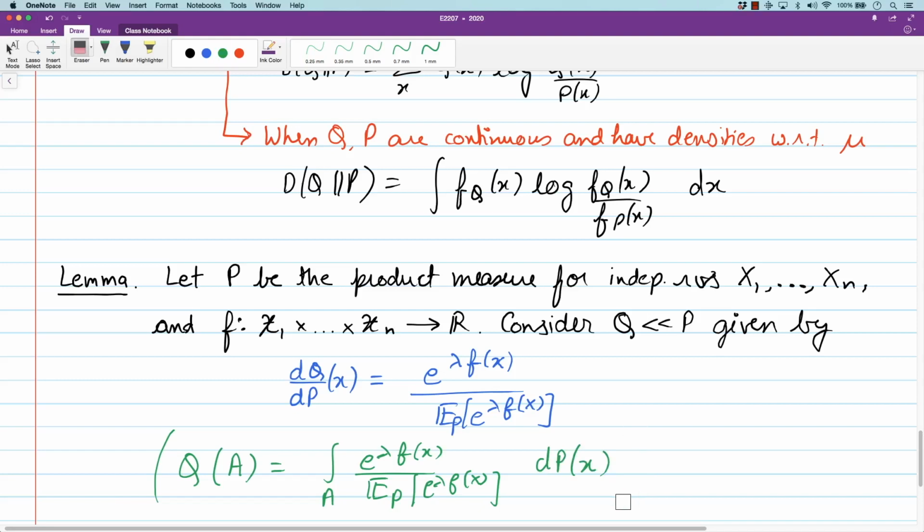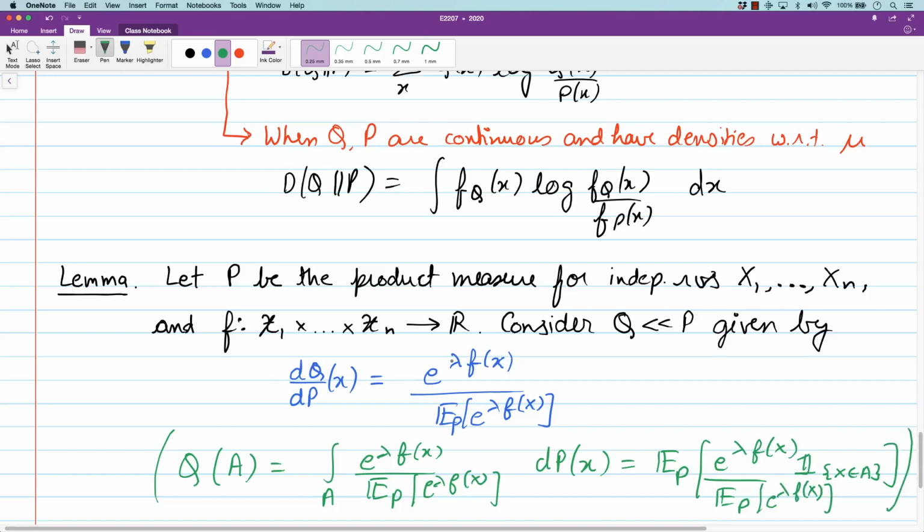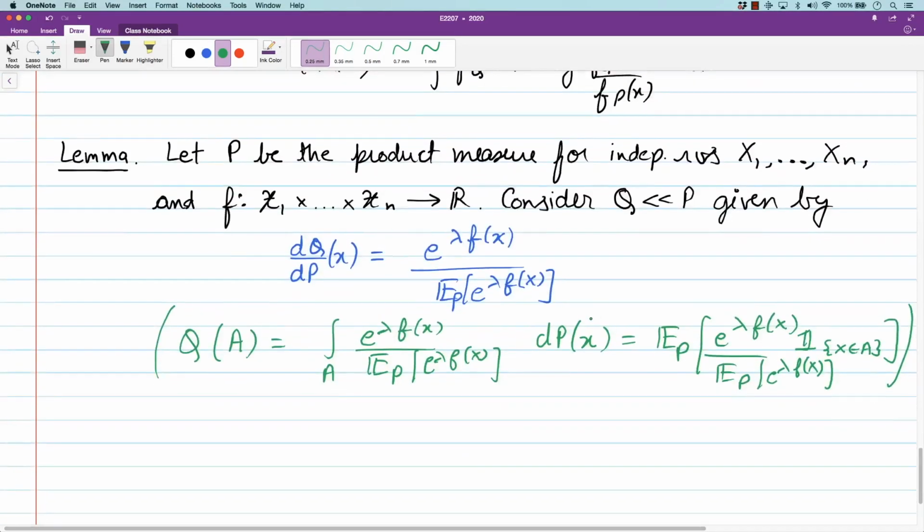Okay, so this is the same as, just to be very concrete, the expected value with respect to p of the indicator function of x belonging to A times e to the power lambda f(x). So you can define some measure q this way, and that's this measure. So this guy has a name.